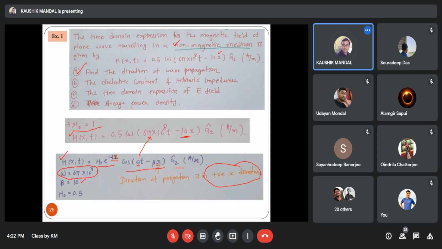This is H0, so H0 equals 0.5. Once we find out all these parameters, omega equals 6 pi into 10 to the power 8, beta equals 10, H0 equals 0.5. Next, we move to the next point, that is the dielectric constant, which means epsilon r, and the intrinsic impedance, that is eta.